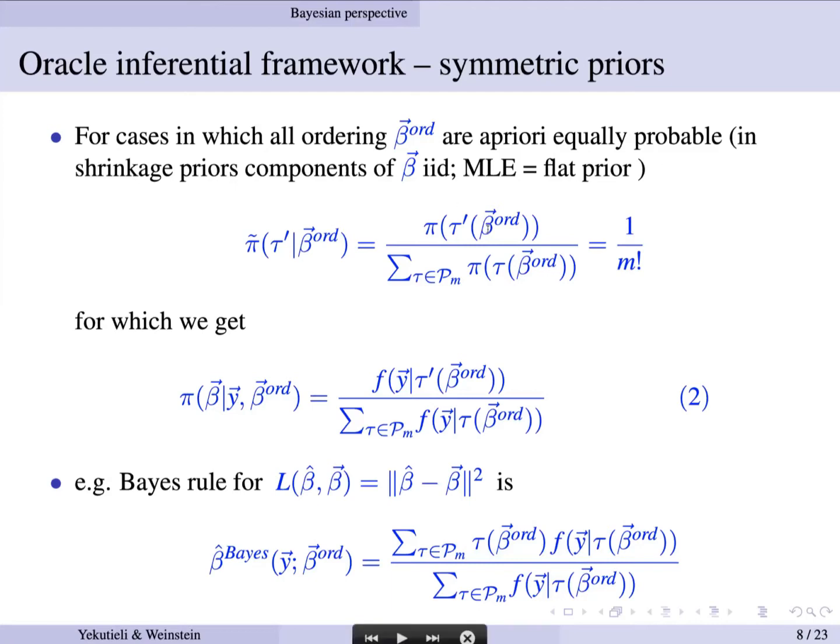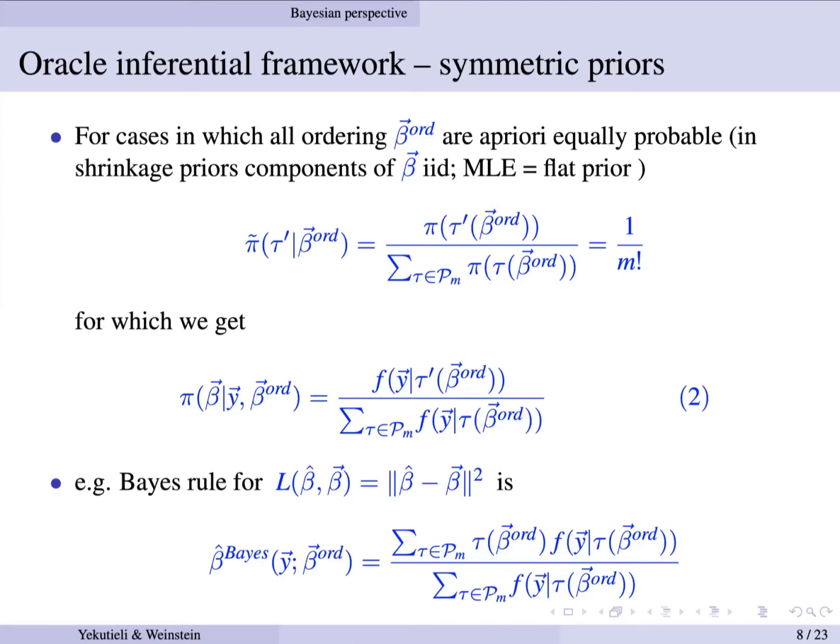Okay, so what happens in this case? For this conditional distribution of each permutation given the vector, because all the terms in the sum and in the numerator are equal, we're just counting. This distribution over permutations is a symmetric parameter space.